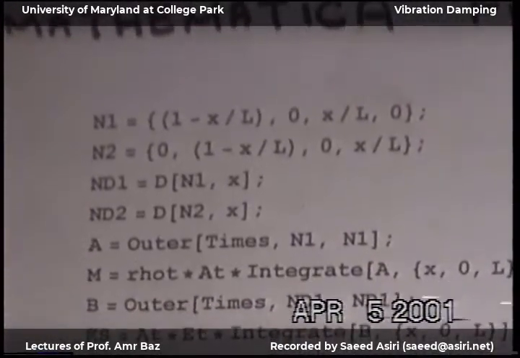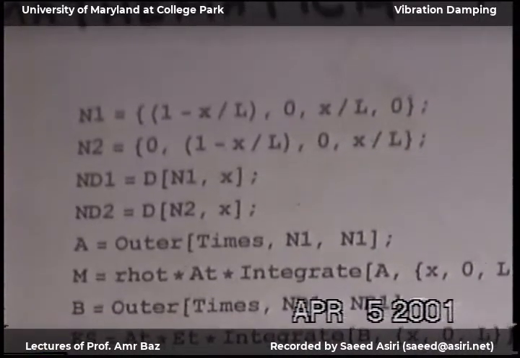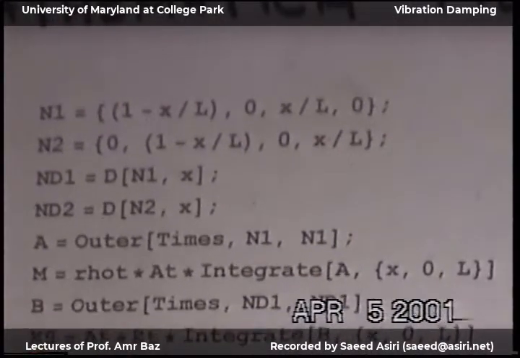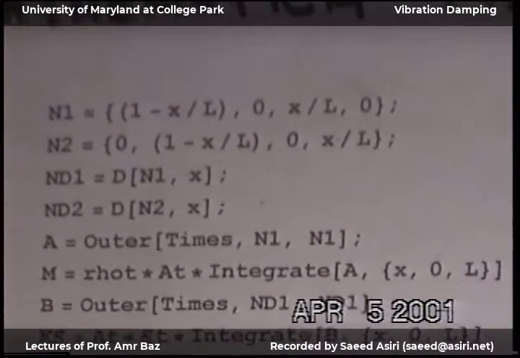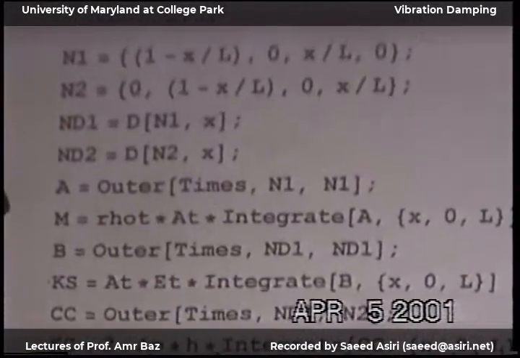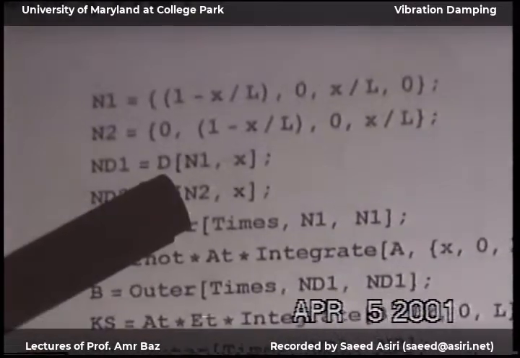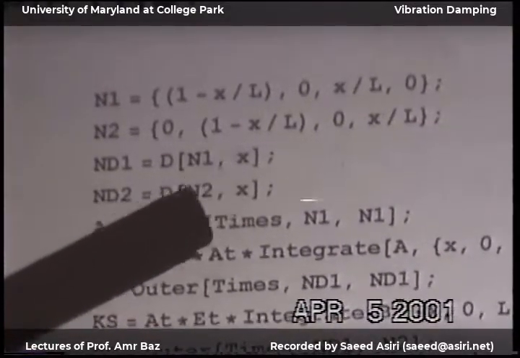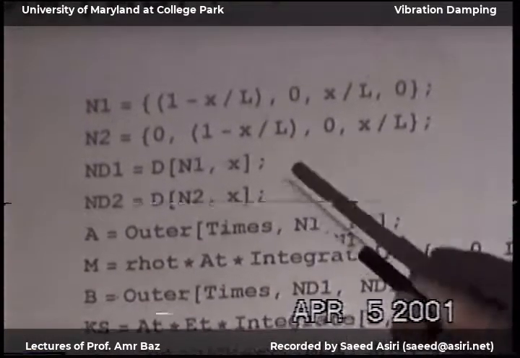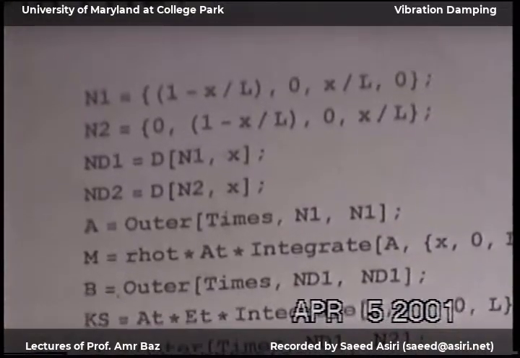This is the mathematical program. I put the N1 and N2 from here, and then I get their derivatives. ND1 and ND2 are the derivative of N1 with respect to X, and the derivative of N2 with respect to X. So we have these two. Now I want to get the mass matrix.